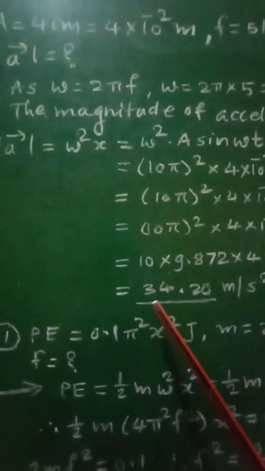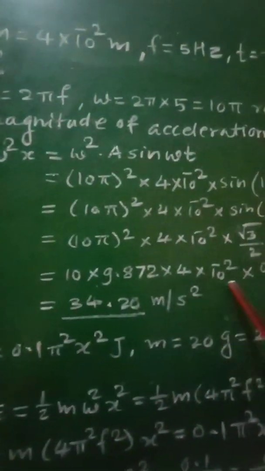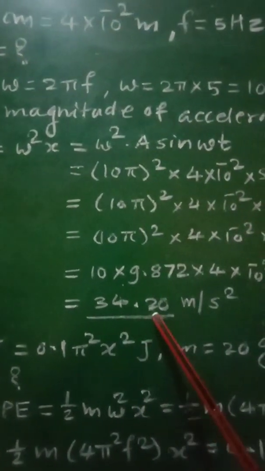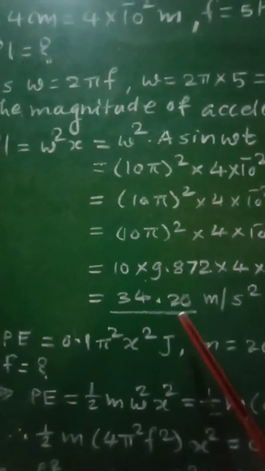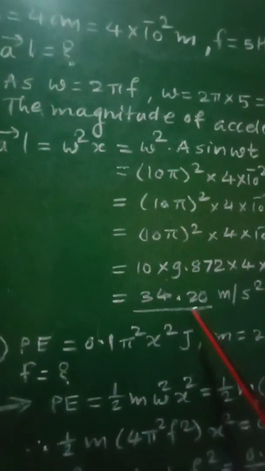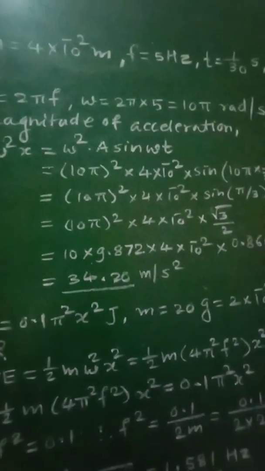If you calculate this product, it comes out to be 34.20 meter per second square. This will be the magnitude of acceleration.